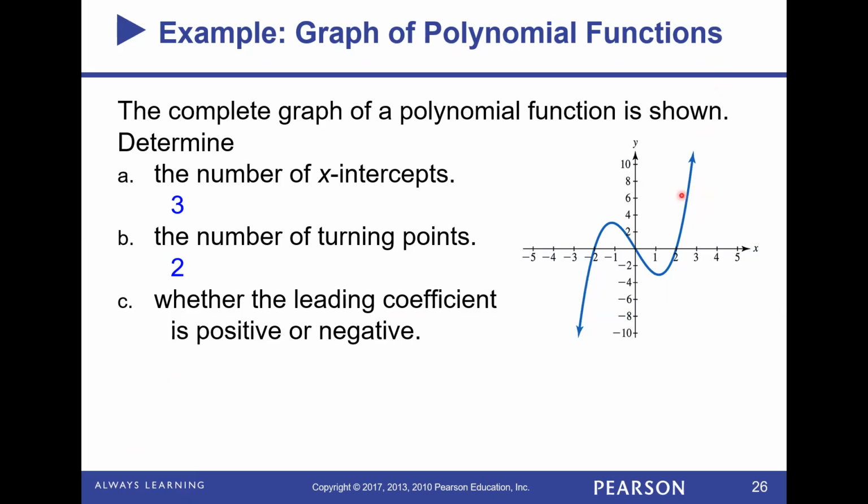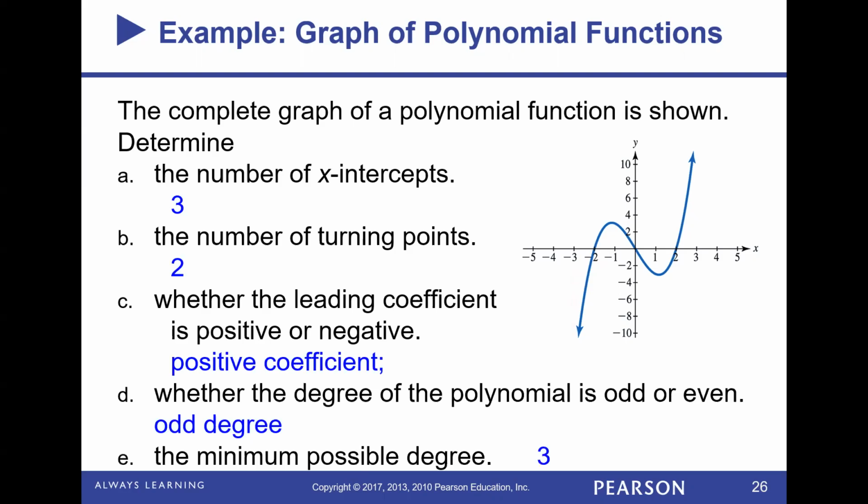This is going up, this is going down, so we know it's going to be an odd degree. Since it is an odd degree, one side up, one side down, how am I ending it? Look to the far right of it, and you can see that it's up. Up means positive, so it is an odd degree with a positive coefficient.